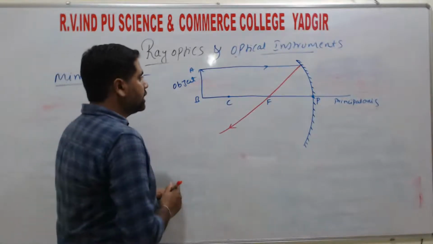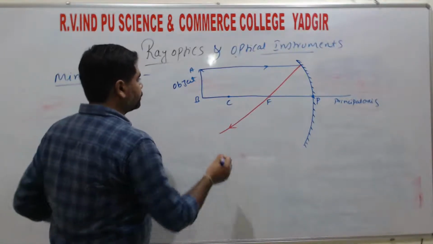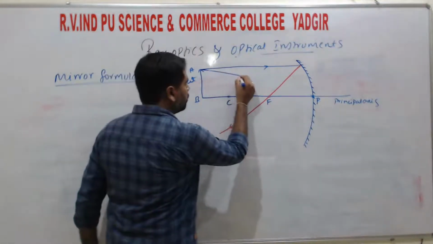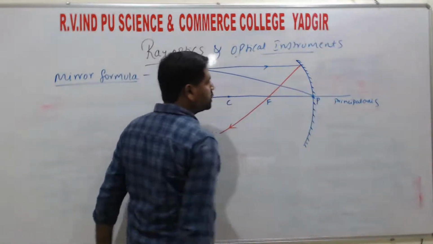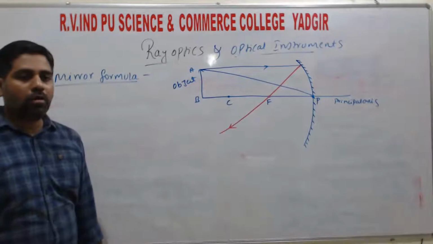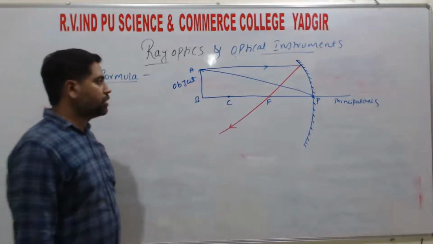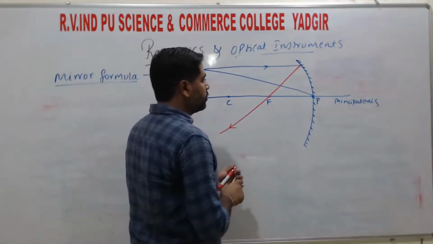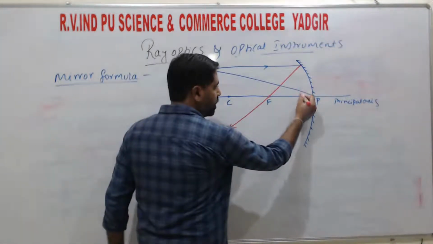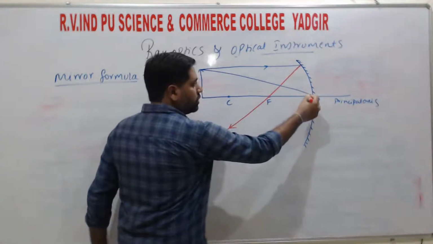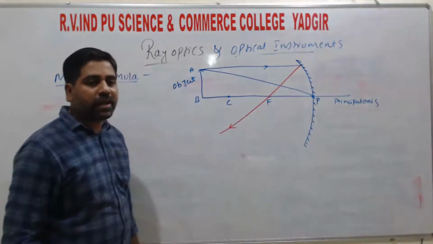So next, considering the second ray, which falls on the pole of the mirror. If we consider this to be the angle of incidence, here the principal axis acts as the normal.